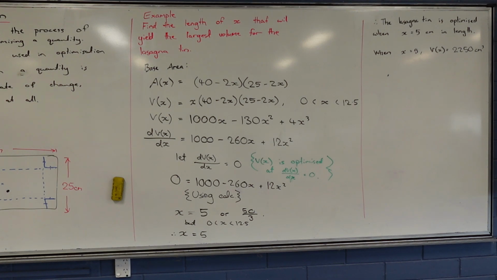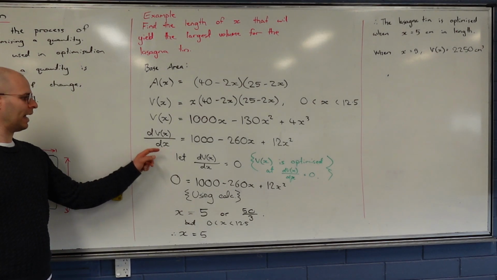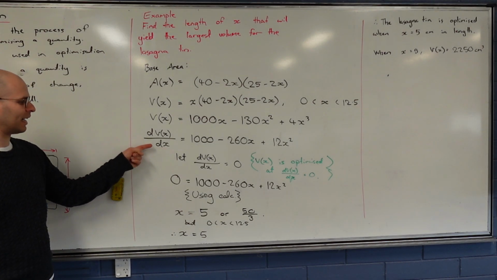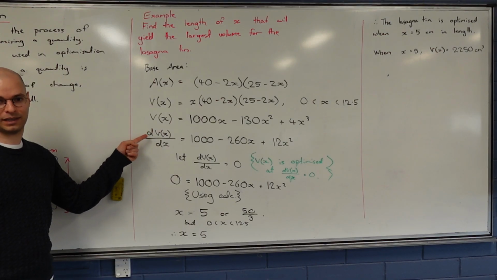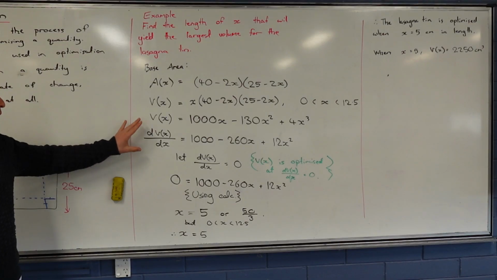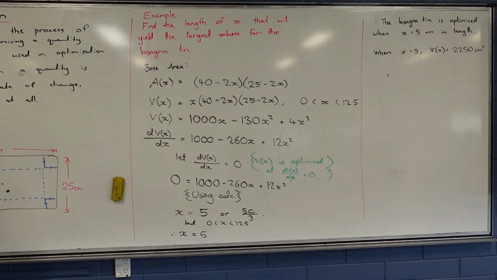What does the d operator do to the volume? The change in rate of volume with respect to change in rate of x. How is the volume changing as the length of x is changing? Whenever you see the d operator, it means change in. Why are we looking for the change in volume with respect to the change in the length of x? Why are we looking for this, Harrison?